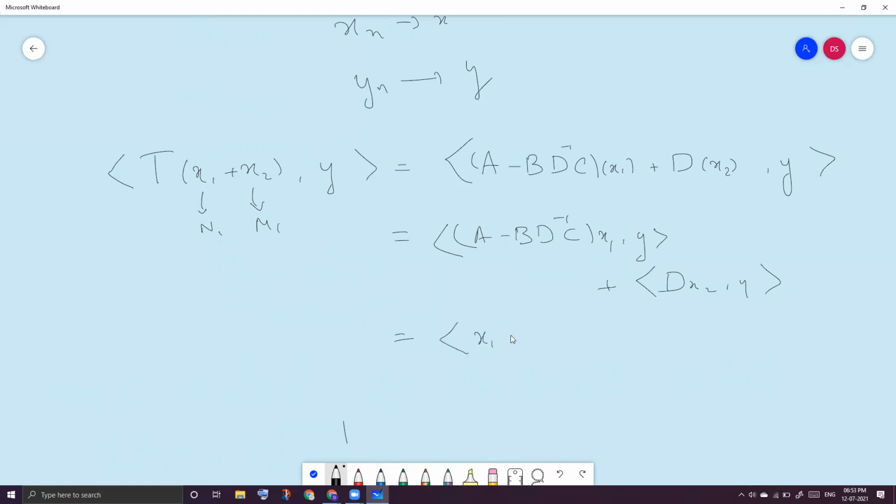So what will happen is x1, (A minus B D inverse C) star y, plus h2, D star y.